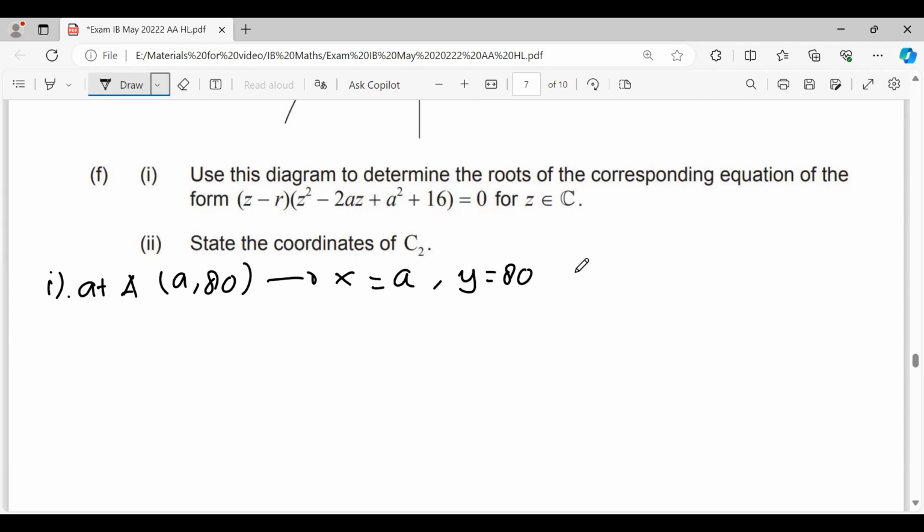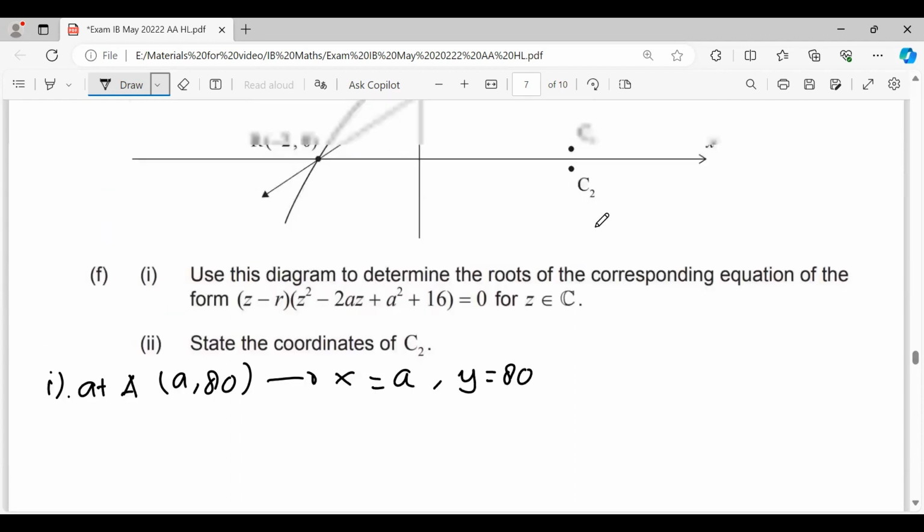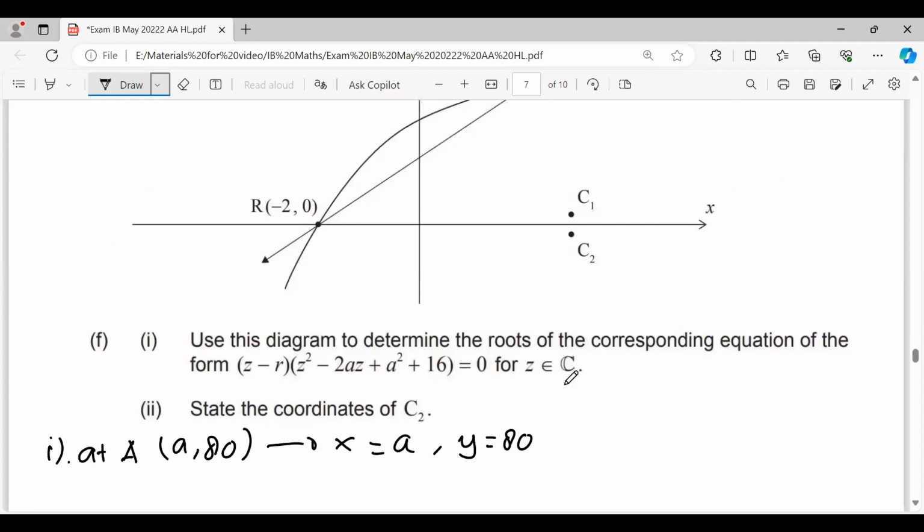And then as well r, minus 2, 0. So it means r equals minus 2.